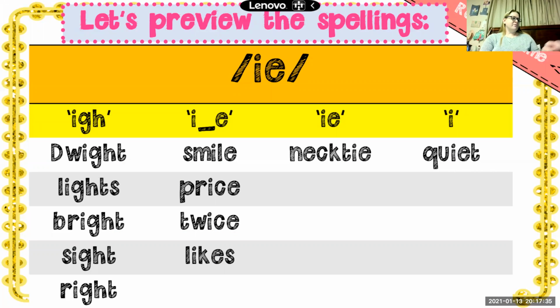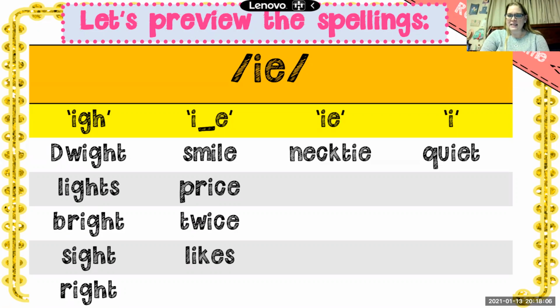So here are some of the long I sound spellings that we're going to see in our story today. We have the IGH spelling for the I sound in the words Dwight, lights, bright, sight, and right. We have the I consonant E spelling in the words smile, price, twice, and likes.